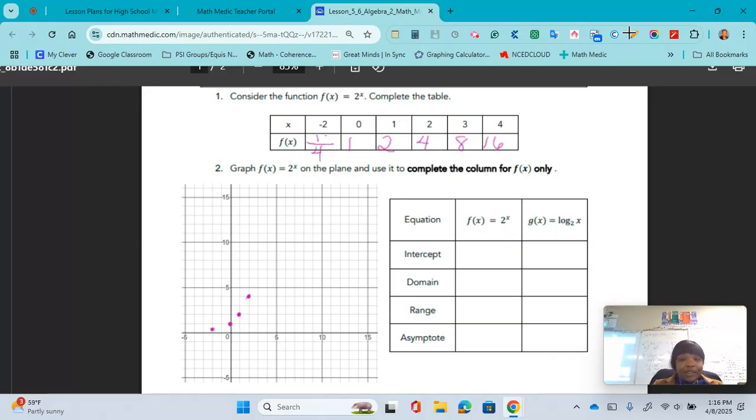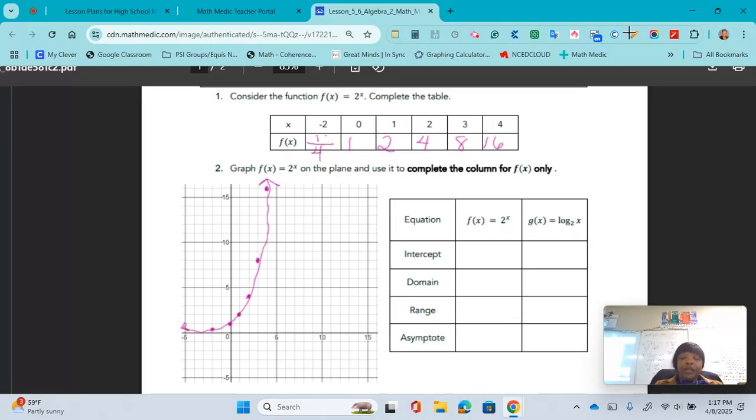When our x is 3, our y is 8. And when our x is 4, our y is 16. And we have an exponential graph.